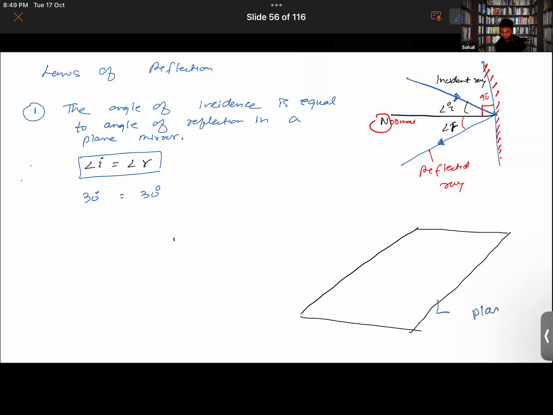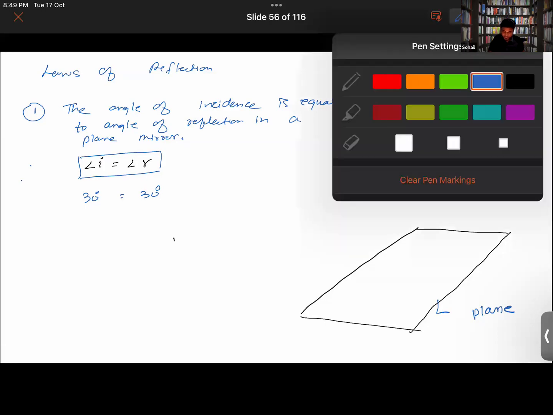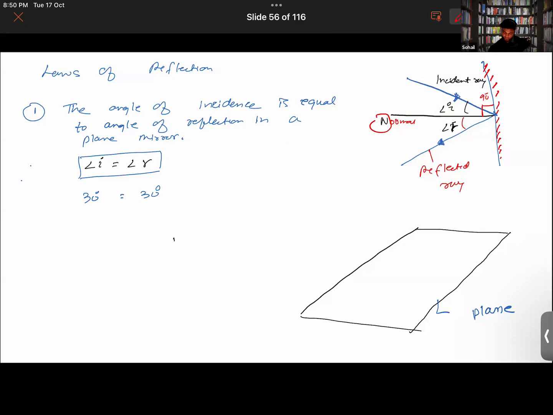A ray is incident on this plane, and then it gets reflected back, and then you will draw a normal line also. So let's draw that normal line also.